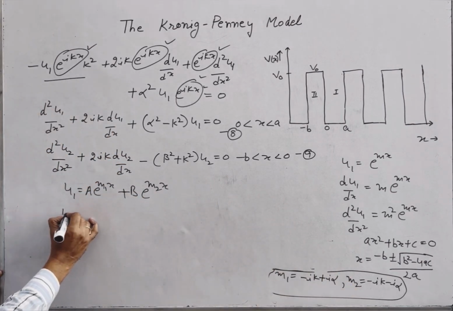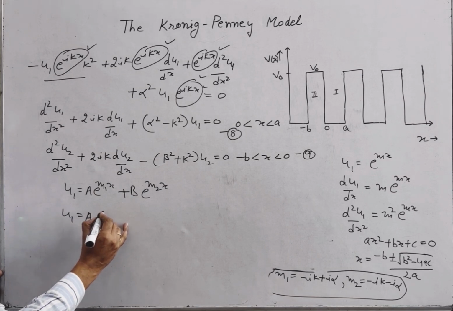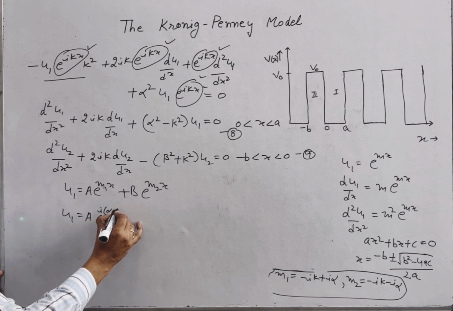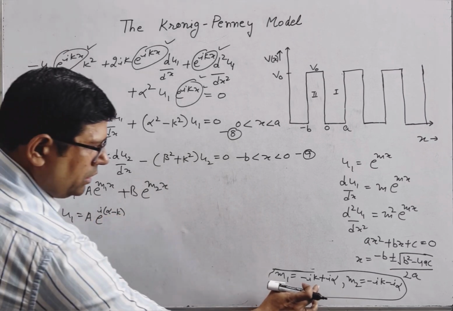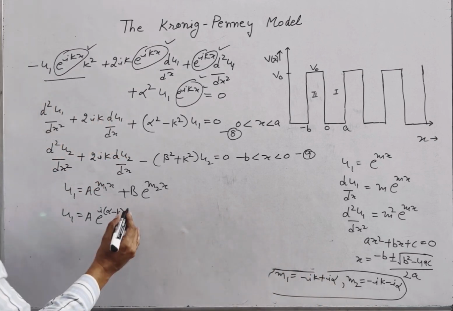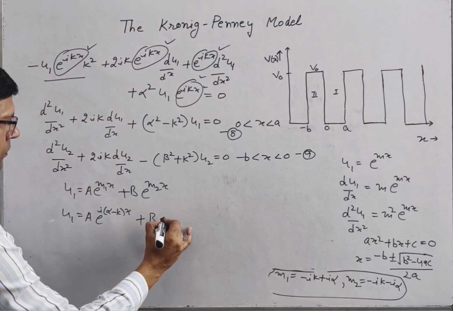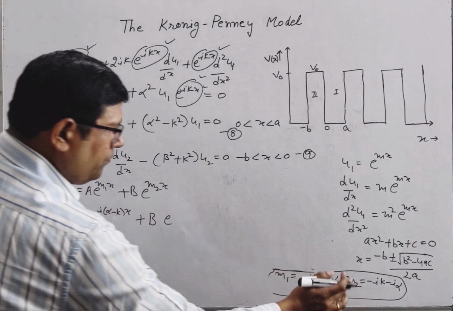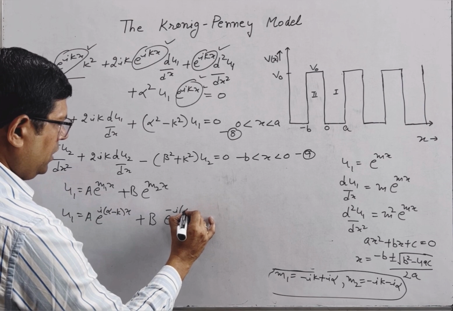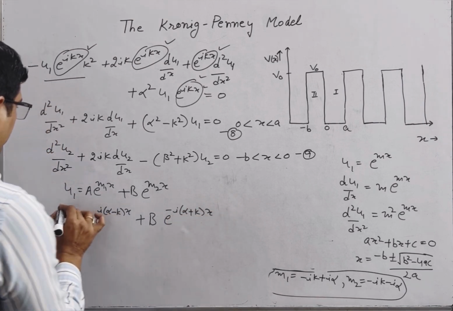We get u1 equal to a into e raised to power iota alpha minus k. This can be written as iota common, alpha minus k into x, plus b e raised to power minus iota alpha plus k into x.